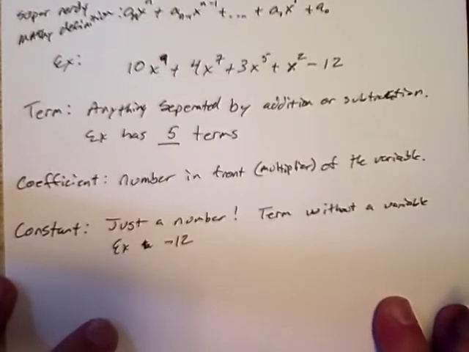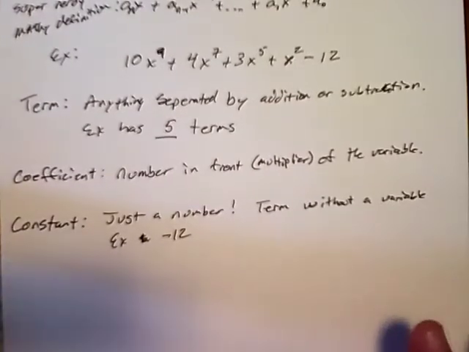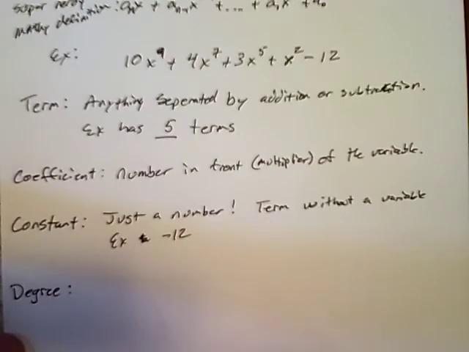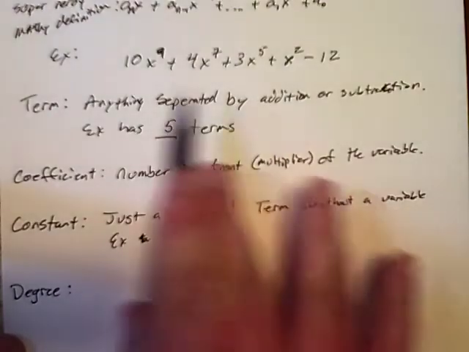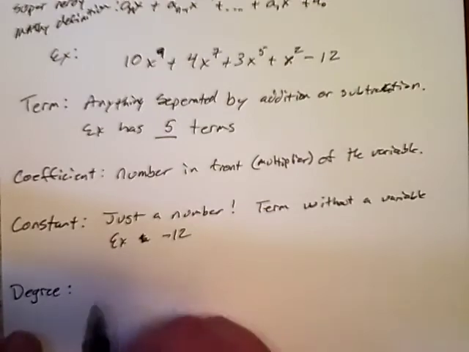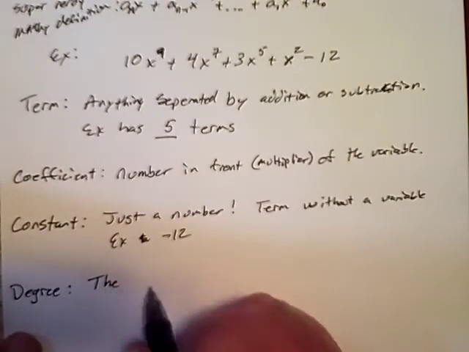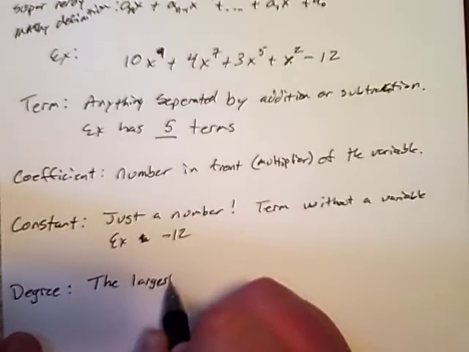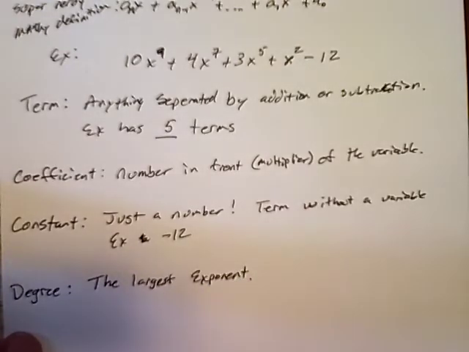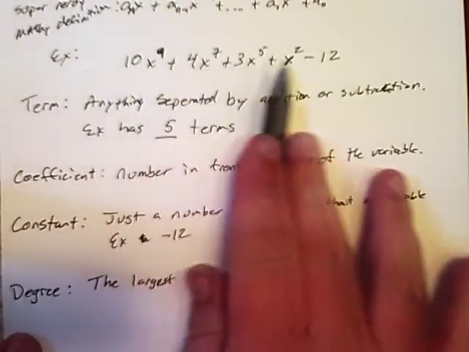All right, so now we're going to get into some more of the nitty-gritty here. Let's take a look at what's called the degree. The degree of a polynomial like this is always the largest exponent. So let's take a look at all of our exponents.